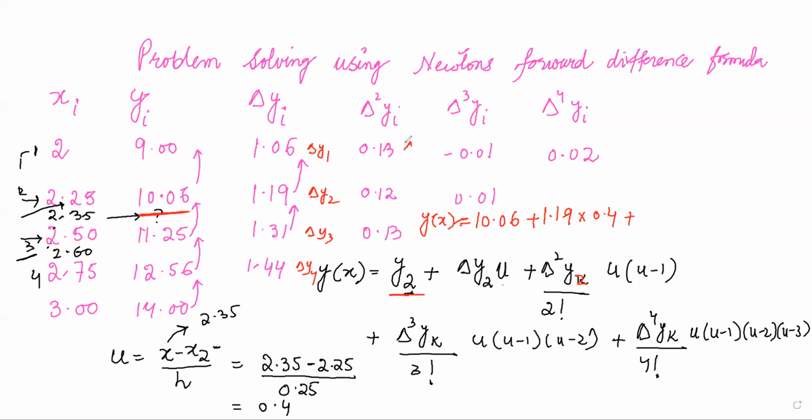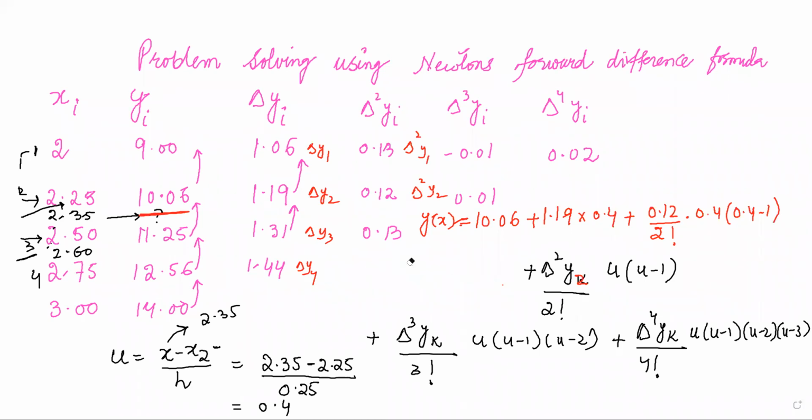This is delta 2 y1, and this is delta 2 y2. Delta 2 y2 is 0.12. So we'll write 0.12 divided by 2 factorial into u, where u is 0.4, into 0.4 minus 1. And the third term will be delta cube y2, because we're taking the forward difference from the second entry.